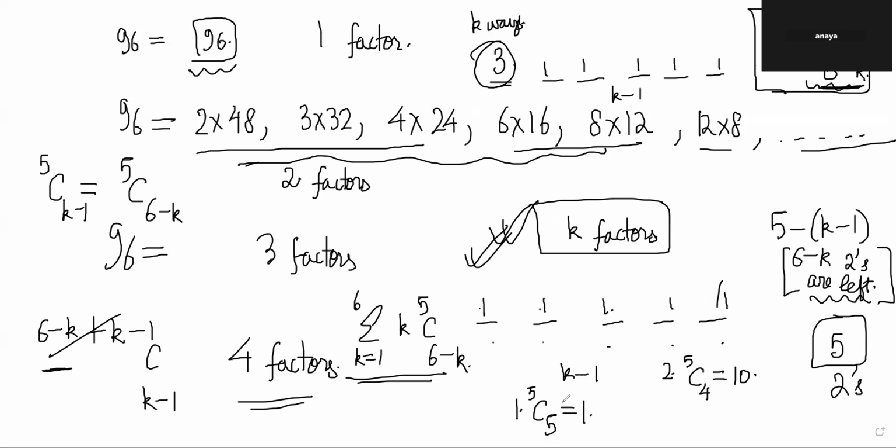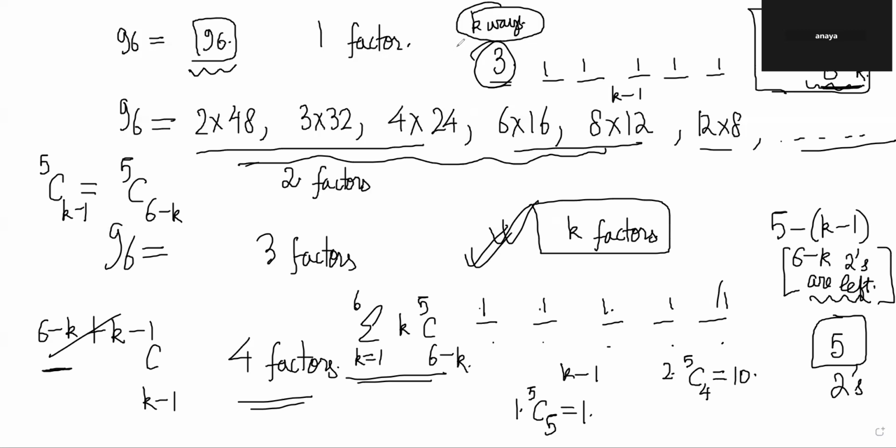So the main step here is to count how many factors there are, and for each number of factors, how many ways can you give out the 3 and the 5 twos to them to construct the numbers. Obviously, 3 could have been given out to any of the k, so there are k ways to give out a 3.